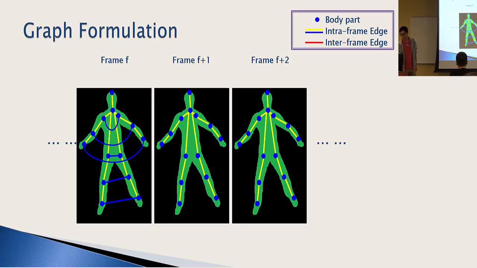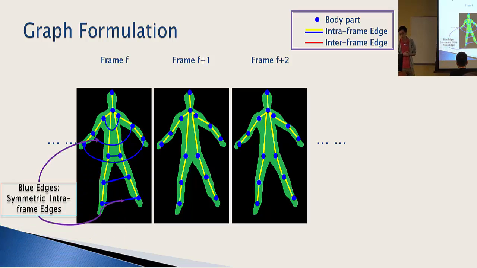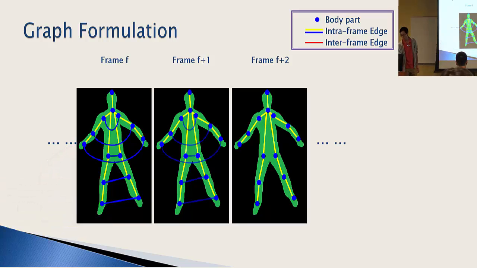We also have another kind of edge, which is called symmetric intra-frame edges, which connects the symmetric body parts, because we think the information for symmetric body parts, like the two hands, which are similar but in different locations, is also important. So we add the blue edges, and these blue edges exist in every frame.